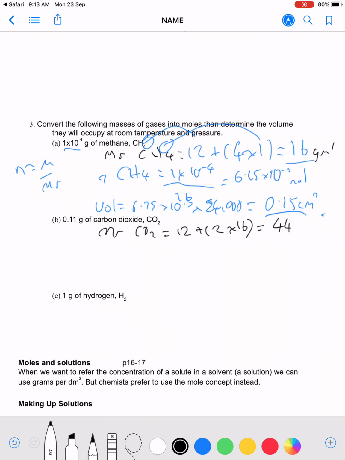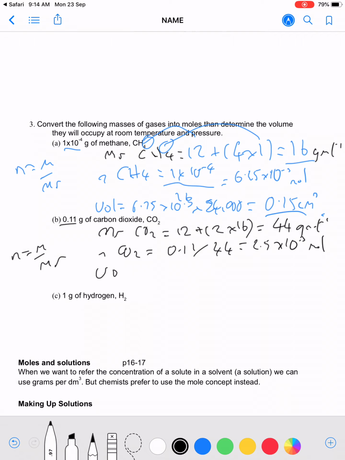This is grams per mole, 44. So the amount of CO2, moles, is mass over Mr, so the amount of CO2 will equal 0.11 divided by 44, which equals 2.5 times 10 to the minus 3 moles.